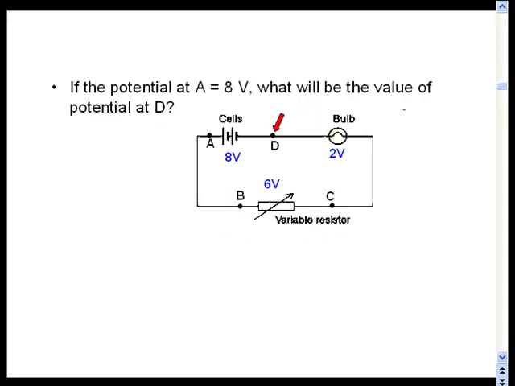If the potential at A is equal to 8 volts, what will be the value of potential at D? It is 0 volt. 8 here, 0 here.